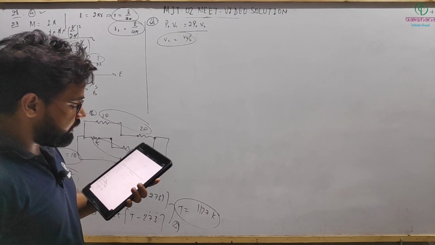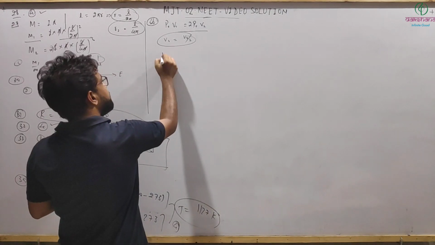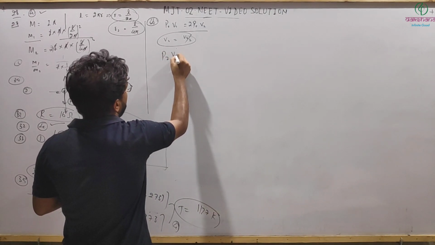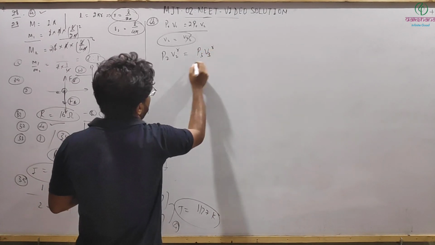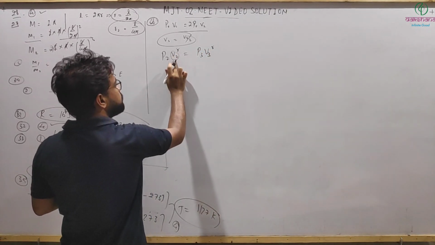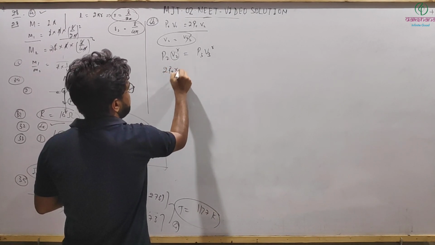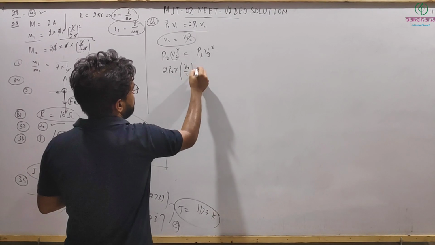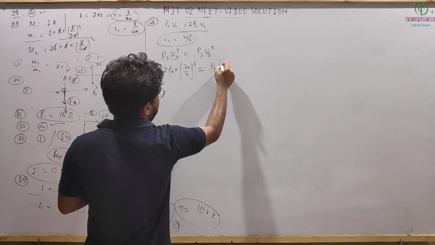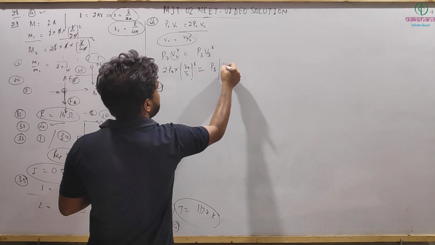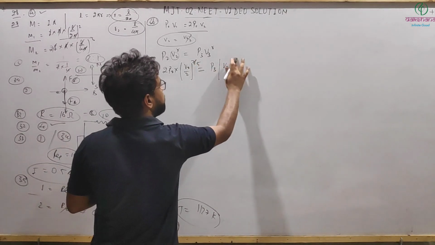Then the final pressure P3, okay, so we can write now P2 V2 power gamma is equal to P3 V3 power gamma. V2 is V by 2, so P2 is equal to 2 P naught into V naught by 2 power gamma equal to P3, that is required, V3 is equal to V naught power gamma, and gamma is 7 by 5.